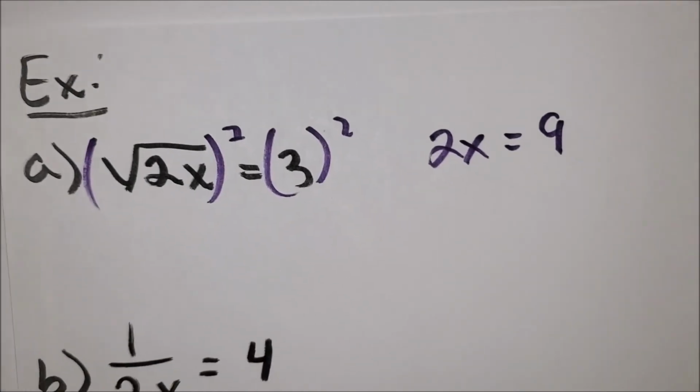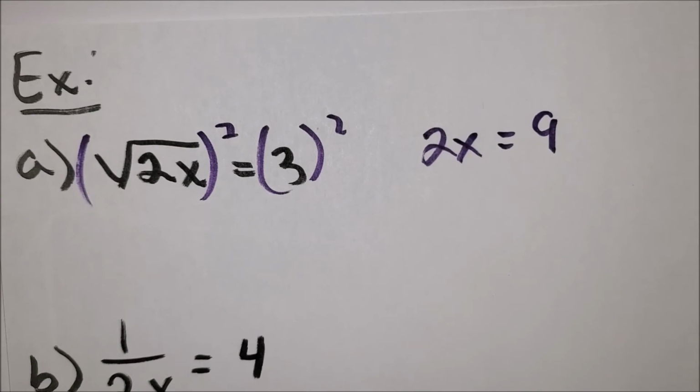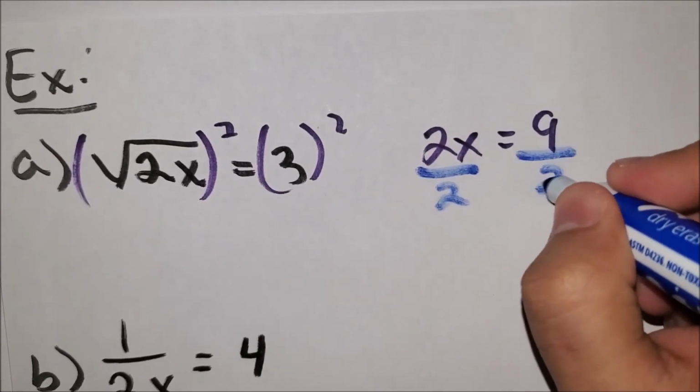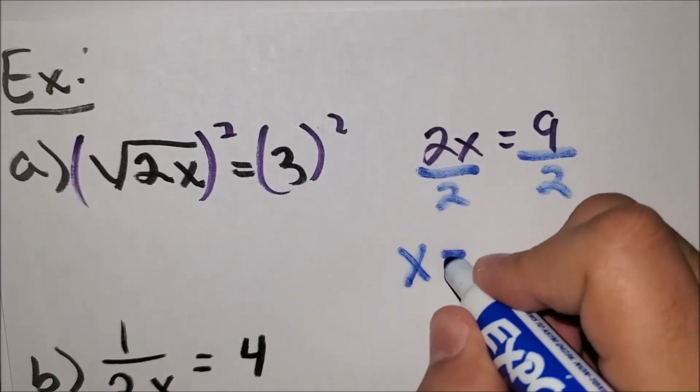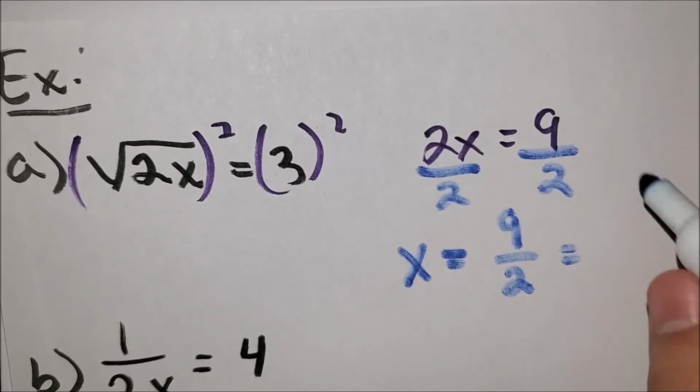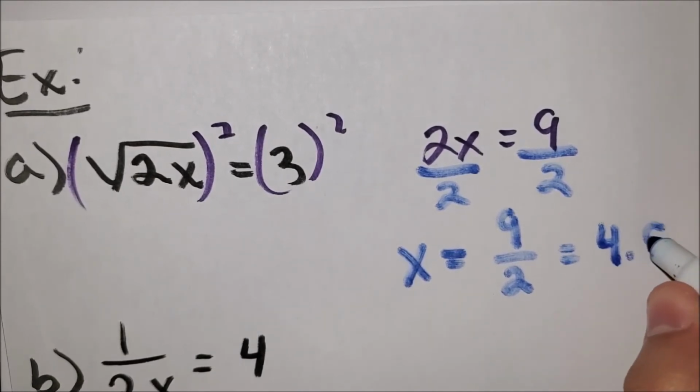Then we divide out that 2 from both sides. And this tells us that x is 9 over 2, or if you wanted to do it as a decimal, 4.5.